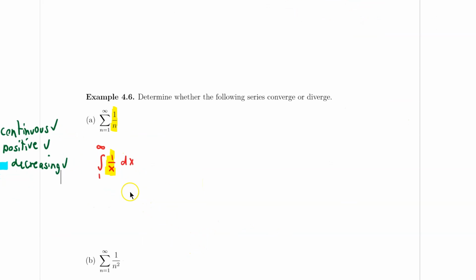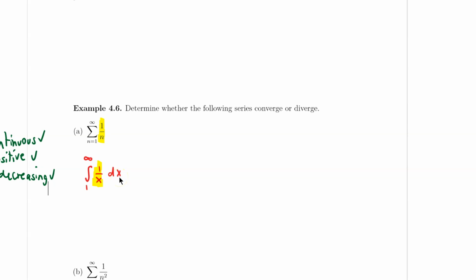So let's now try to find this integral. Because this is an improper integral, I can't integrate all the way to infinity, so I'm just going to change this to a limit. I'm going to integrate to just some big N and let N go to infinity. The integral of 1 over x is just the log of the absolute value of x.